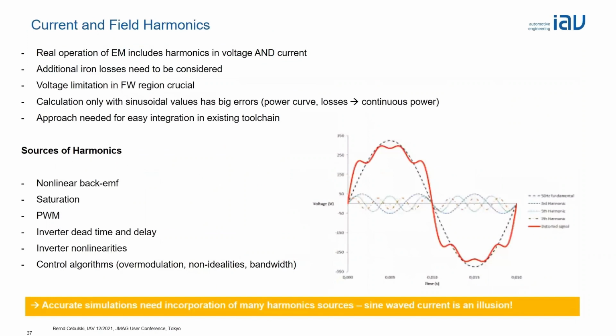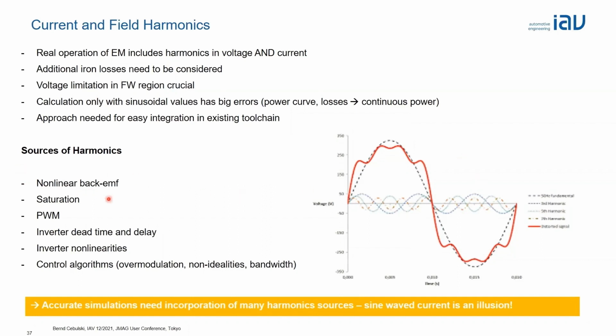Another topic is the current and field harmonics. When we do simulation, the current is normally sinusoidal. In reality, of course, it isn't. So there are many effects coming from this harmonic current and harmonic field. There are several sources of these harmonics, which could be a nonlinear back EMF.